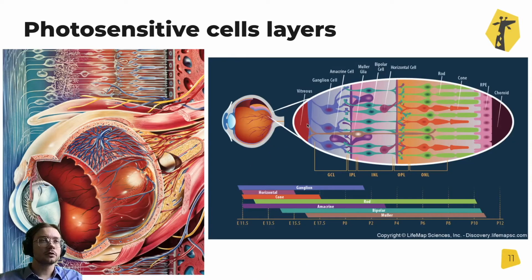We have different types of cells for perception, and the first one is ganglion cells, then bipolar cells, and this is a nerve fiber which goes to the optic nerve, then bipolar cells, which are kind of medium, and the photoreceptor cells are mostly rods and cones in the human eye, and I guess you have heard about it.